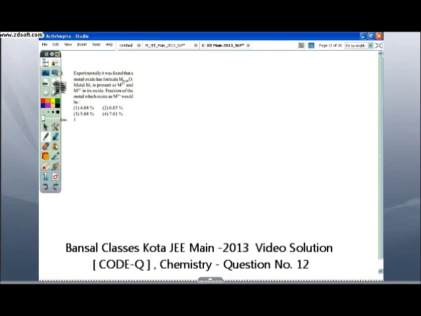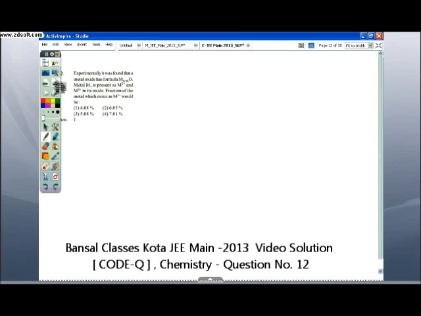Now, experimentally it was found that a metal oxide has formula M0.98O. Metal M is present as M2+ and M3+ in its oxide.